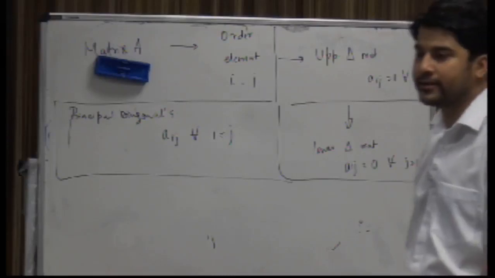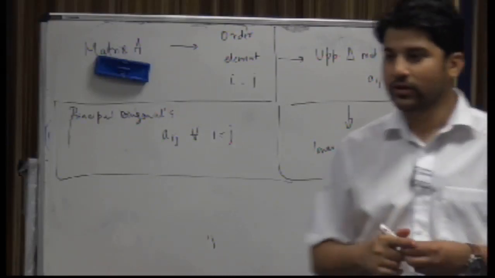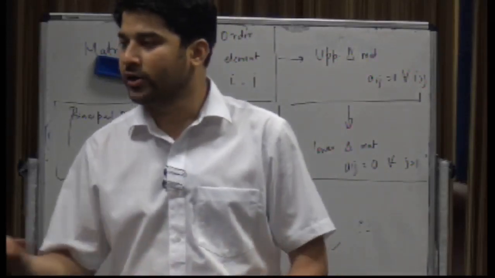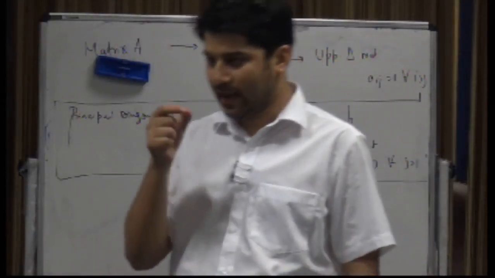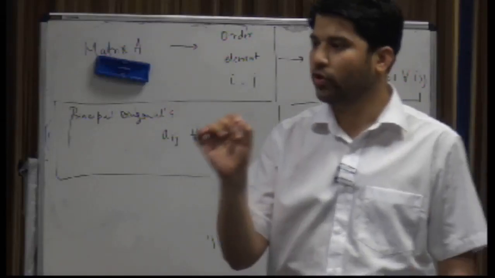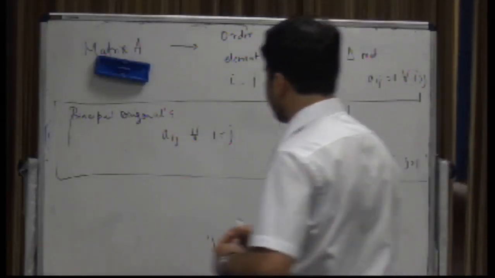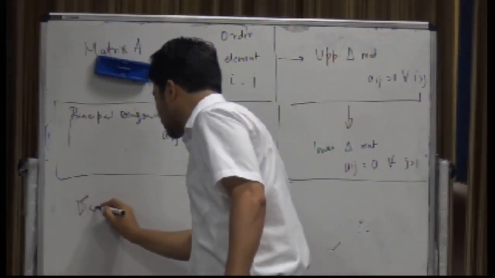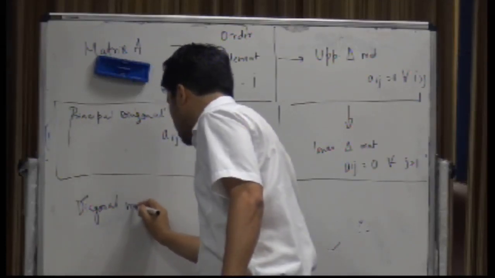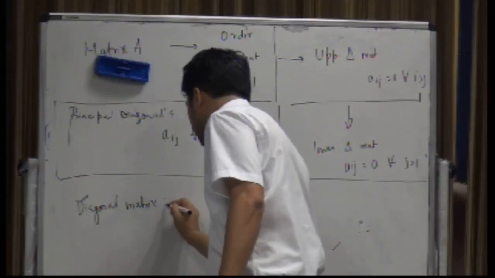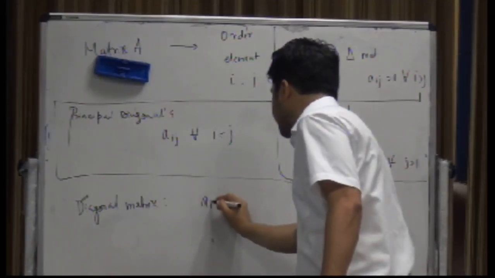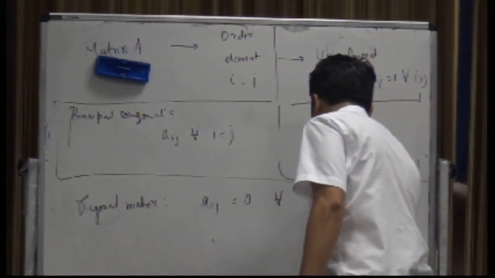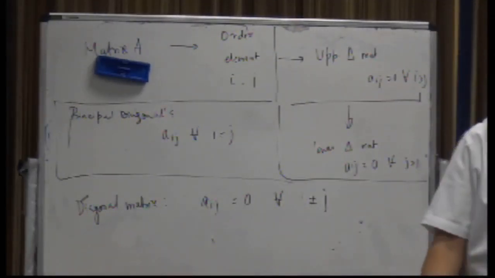What is a diagonal matrix? You can say it is both upper triangular as well as lower triangular, or you can say the principal diagonal has to be non-zero. So I can say a diagonal matrix is Aij is equal to 0 for all i not equal to j, है ना?